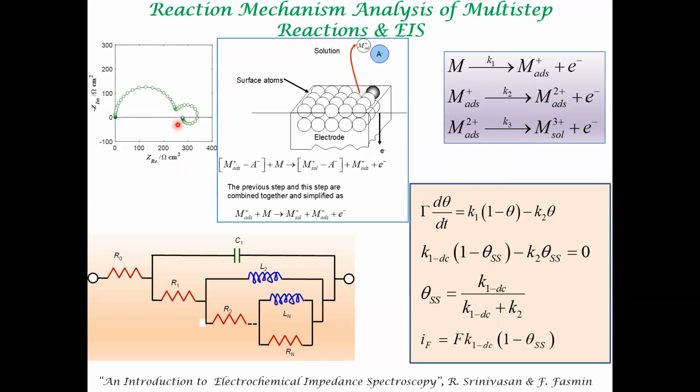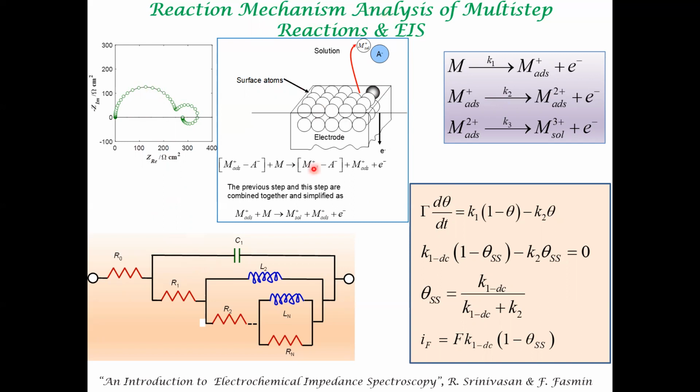It has nothing to do with magnetism, just a multi-step reaction. This has 3 electron transfer reactions with many intermediates, and the concentration of intermediates, all these issues will help you rationalize the reason for negative impedance and the inductance, without appealing to magnetism. So this is a very important utility of reaction mechanism analysis.